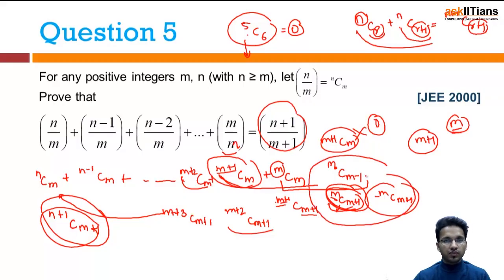So I guess it was clear. Some of the questions which were picked were really very good, especially the second question, which was c0 square. I'll again emphasize, please take this question seriously.